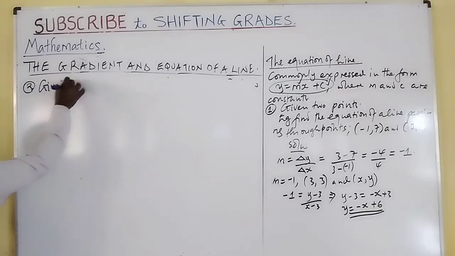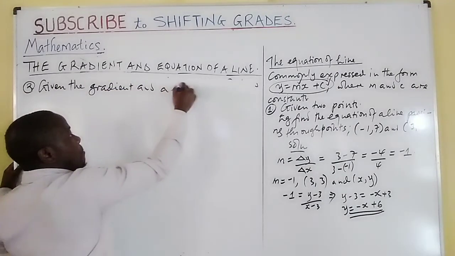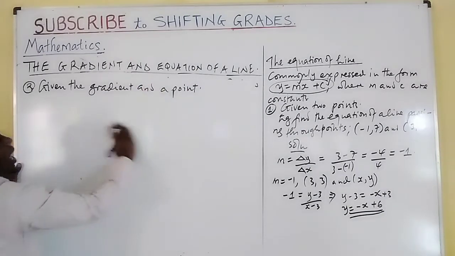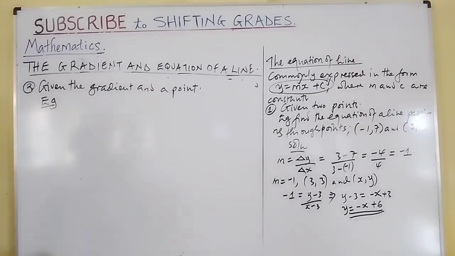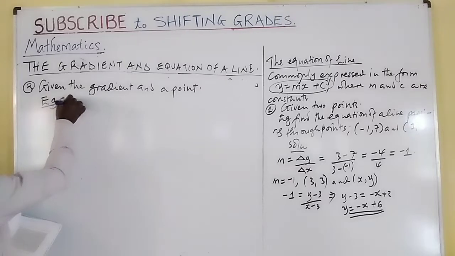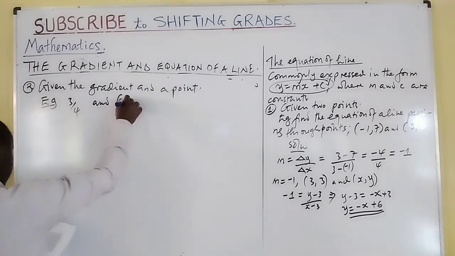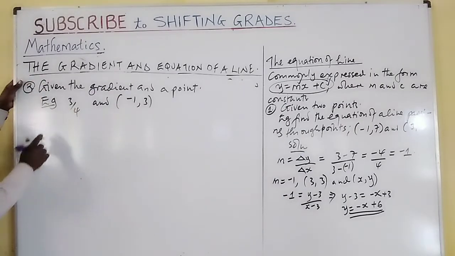For example, find the equation of a line which has gradient 3/4 and passes through the point (-1, 3).